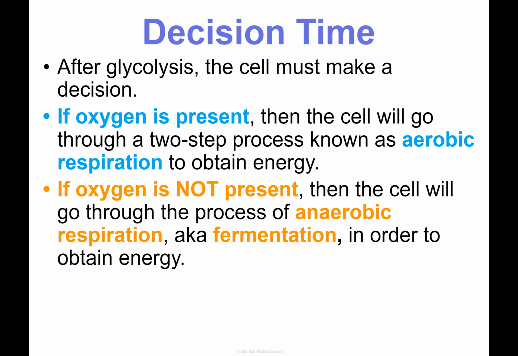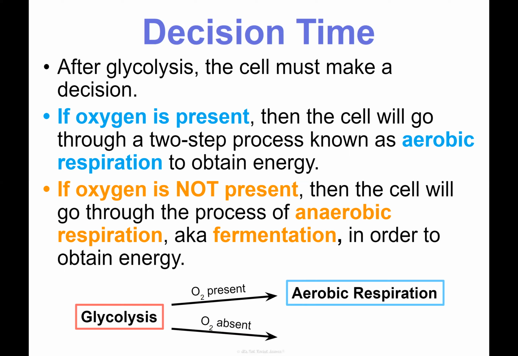If oxygen is not present, then the cell will go through the process of anaerobic respiration, which is also known as fermentation, okay? And this one will not produce as much ATP, but it'll still produce a little bit, so it's better than nothing. So glycolysis, if O2 is present, aerobic. If O2 is not present, anaerobic.